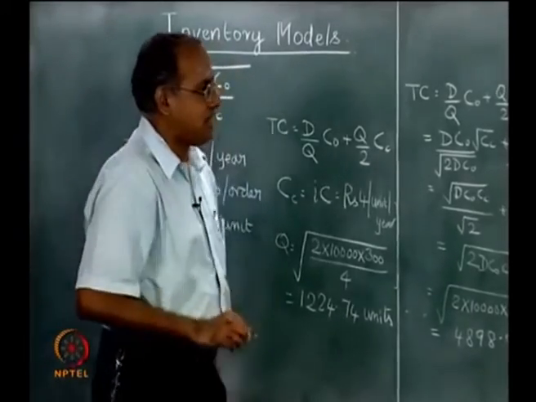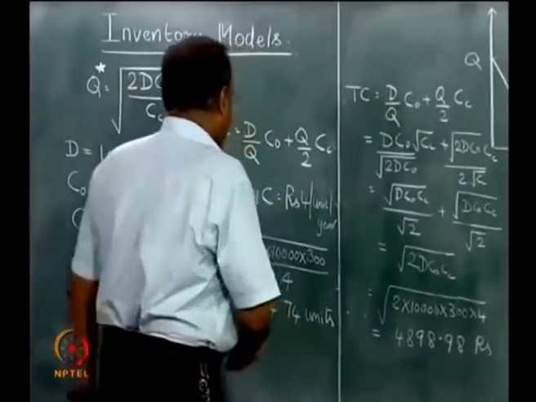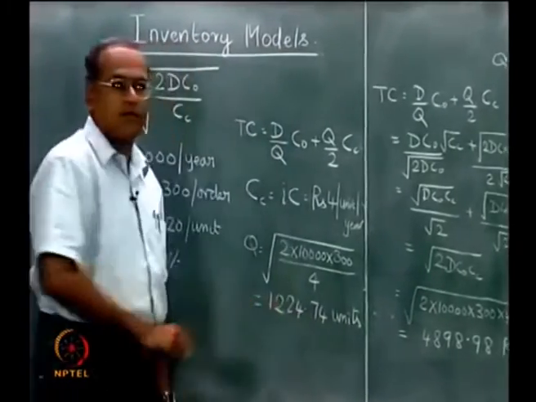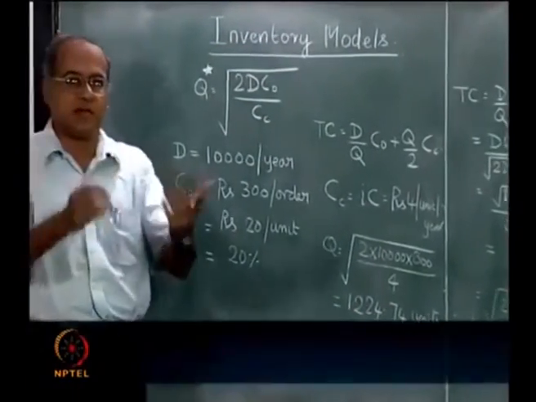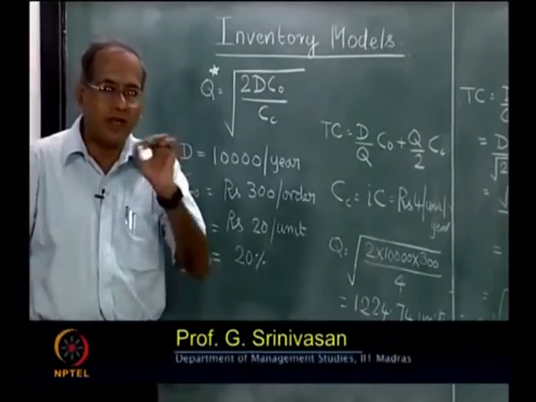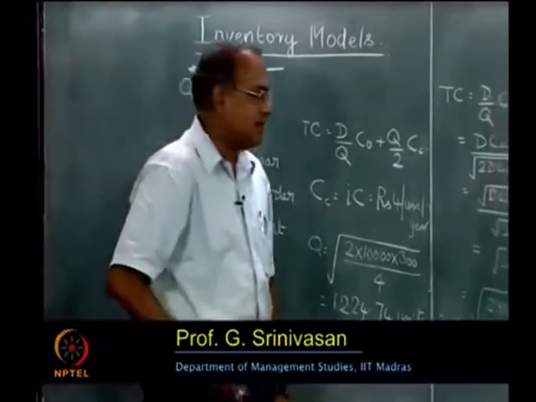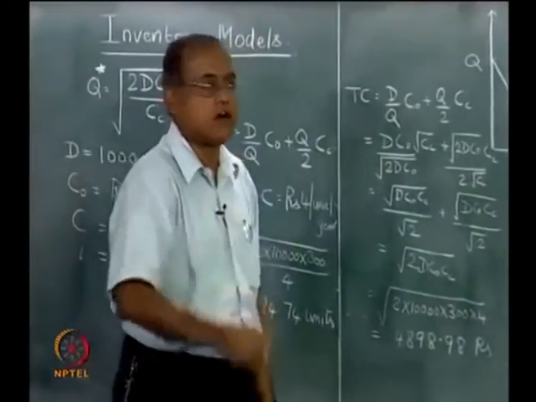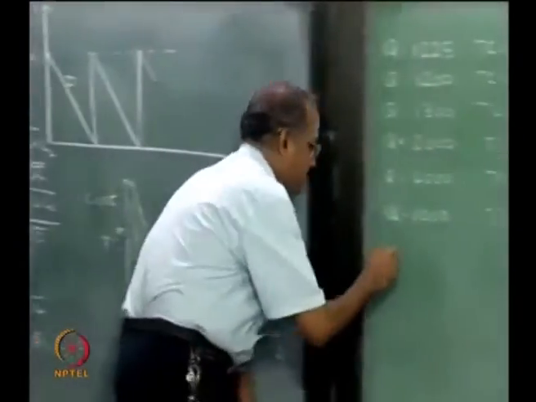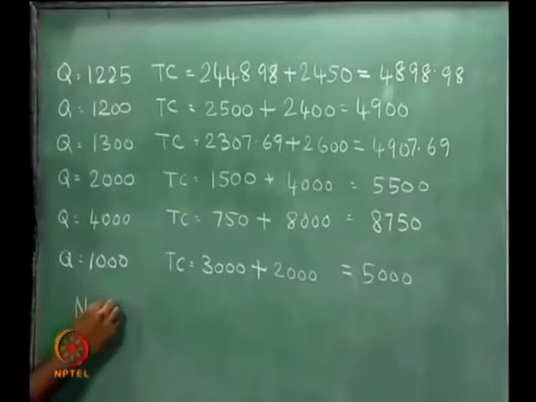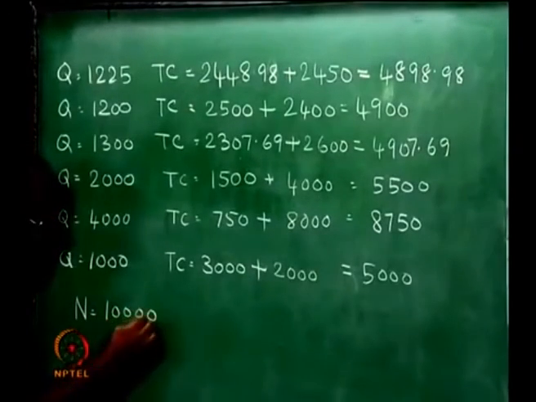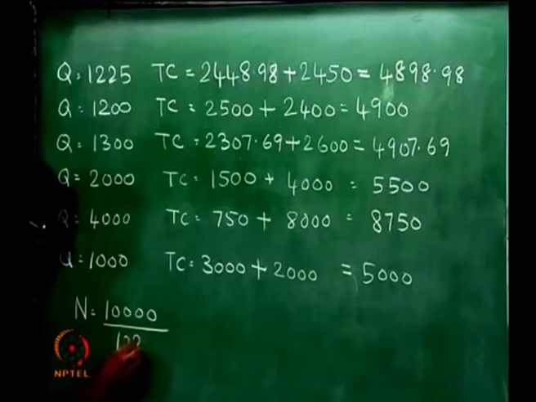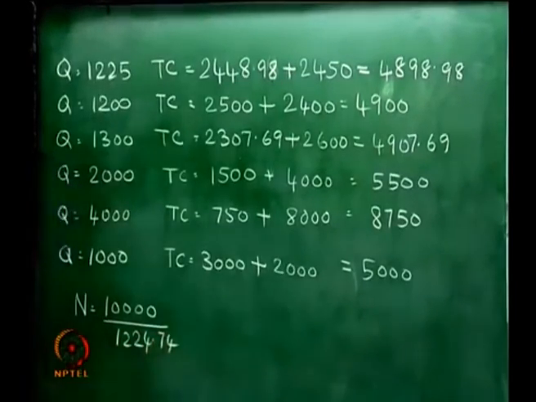Next thing that we need to look at is, if we are ordering 1224.74 units every time we place an order, in 1 year we will be ordering 10,000 divided by 1224.74 number of orders. So, n is equal to 10,000 divided by 1224.74.